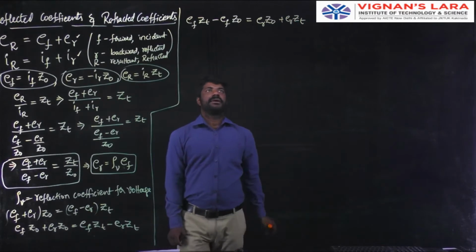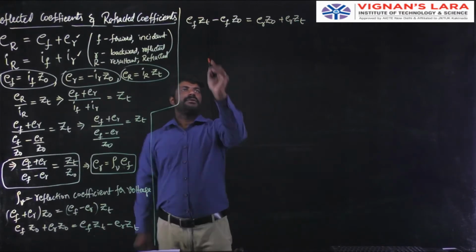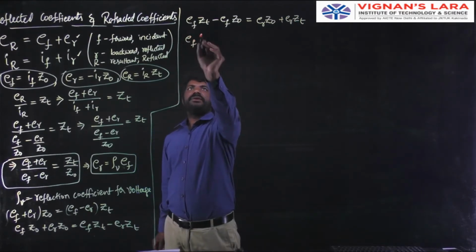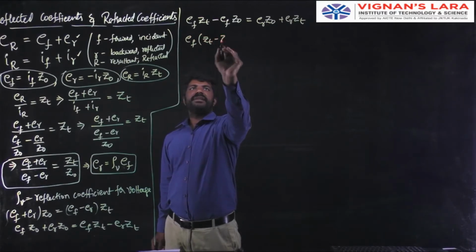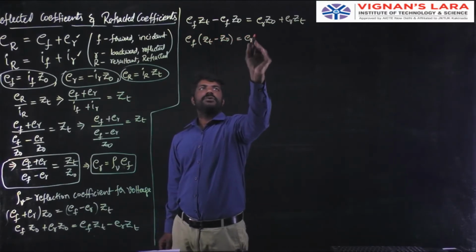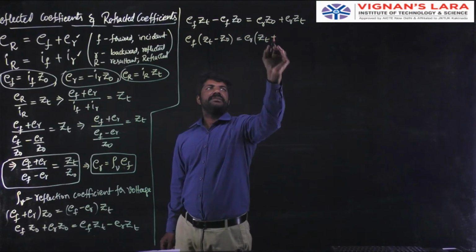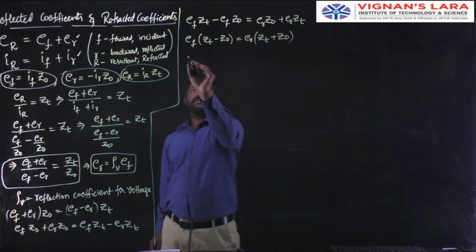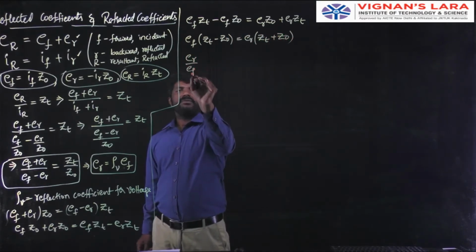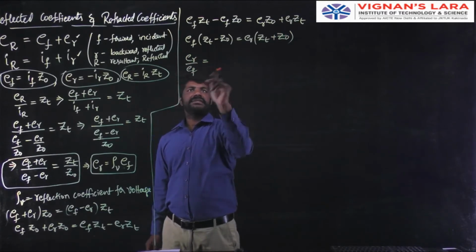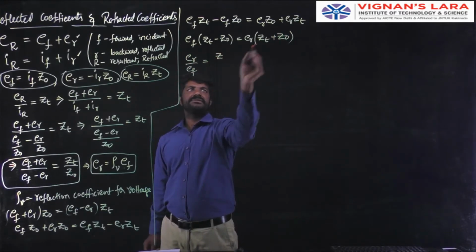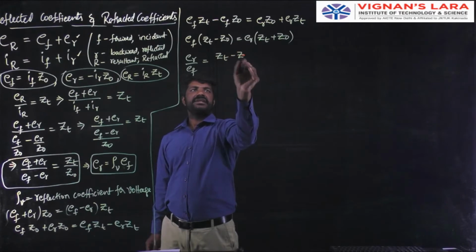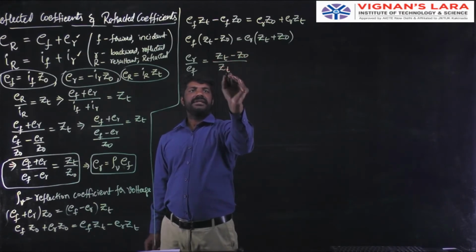Taking the common parts, EF of ZT minus Z0 is equal to ER of ZT plus Z0, so that ER by EF is equal to, rearranging the terms, ZT minus Z0 by ZT plus Z0.